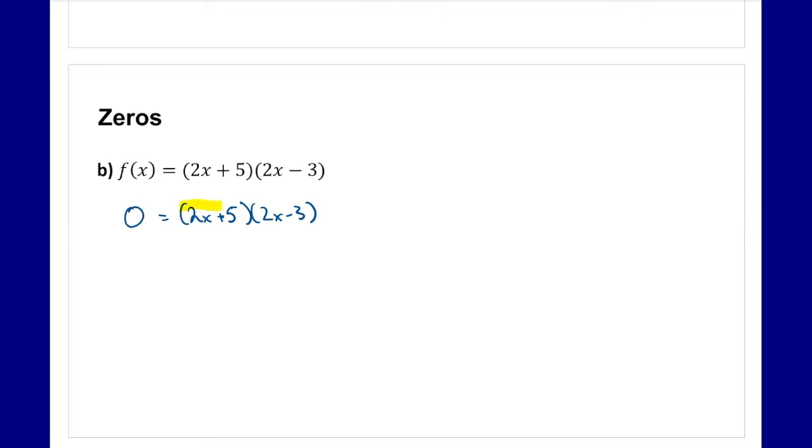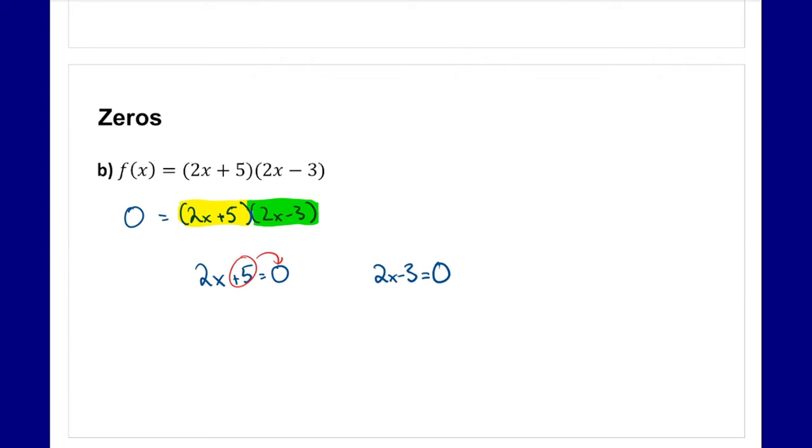So one or both of these brackets has to work out to 0. What x value gives us that? We set 2x plus 5 equals 0 and 2x minus 3 equals 0, and let's go through and solve.